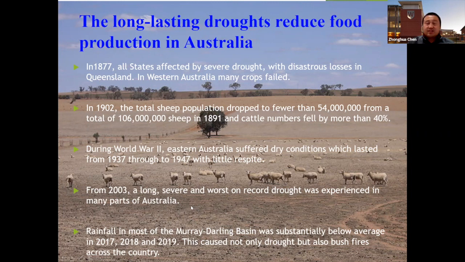That affected the productivity of Australian crops. In recent years, just before COVID, we had three years of below-average rainfall and drought across many states. This also caused very widespread bushfires.